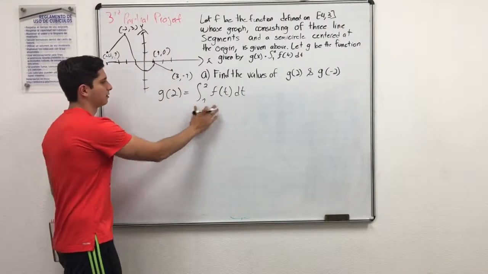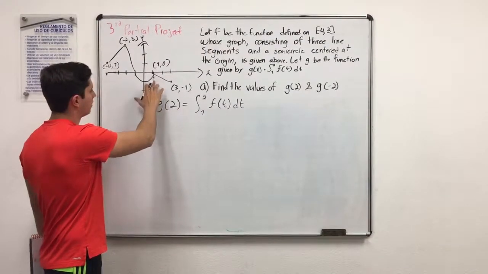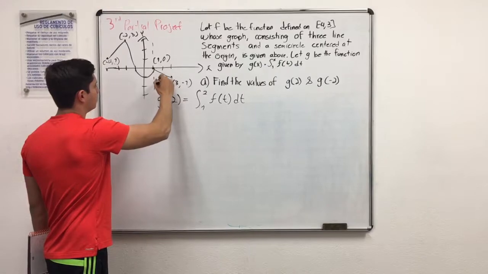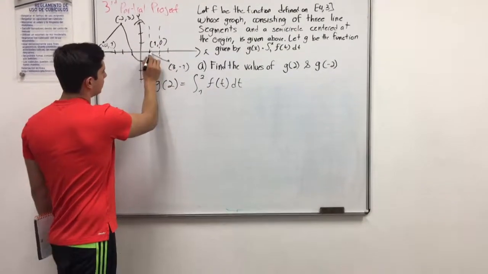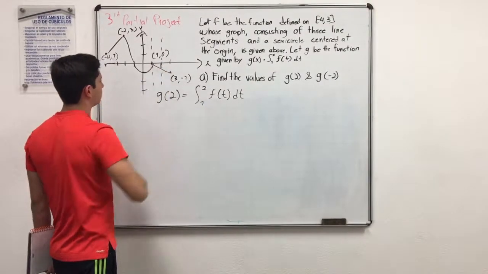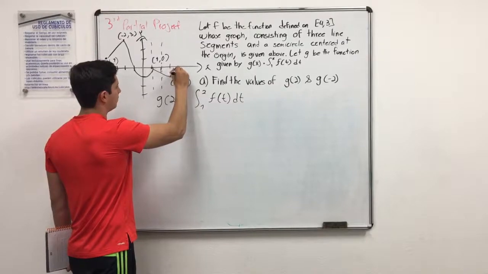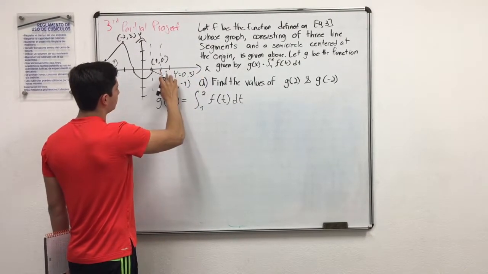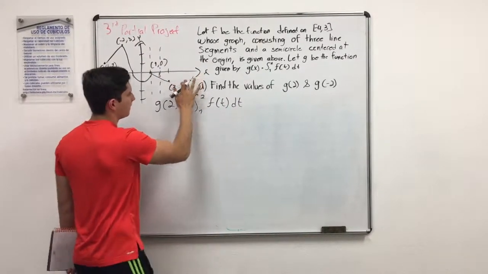Now we know that the integral is getting the area, and we want the area from the point 1 of the x-axis to the point 2. So we need to get the area of this little triangle, and we know that at this point y is -0.5. So we have the height and the length, which is 1.